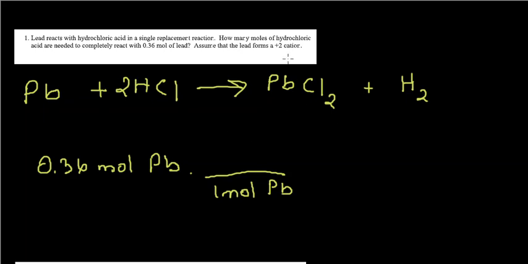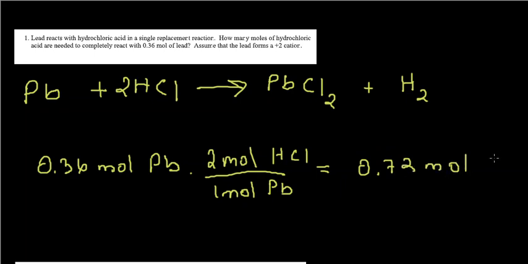We're trying to find how many moles of hydrochloric acid are needed. So for 1 mole of lead, there's 2 moles of hydrochloric acid. So 2 moles of hydrochloric acid. And that's going to be equal to 0.72 moles of HCl.